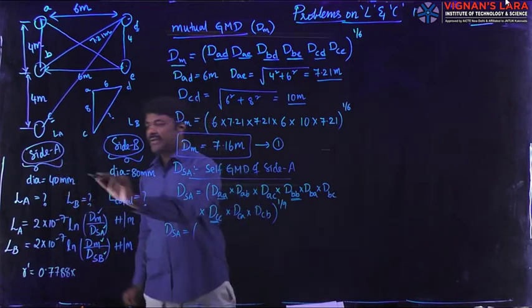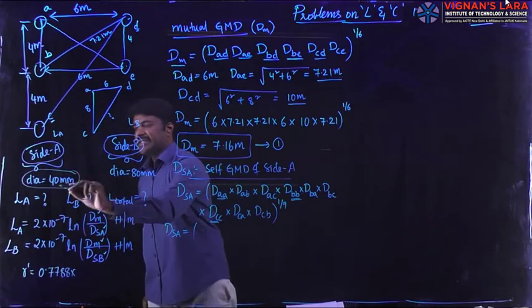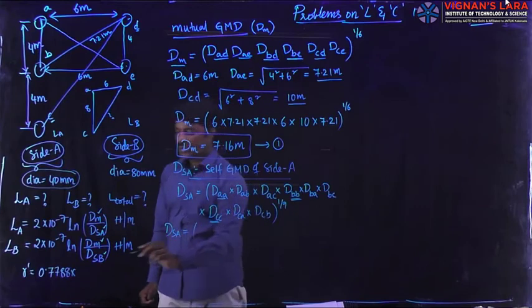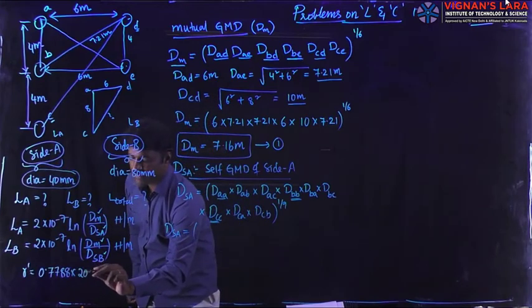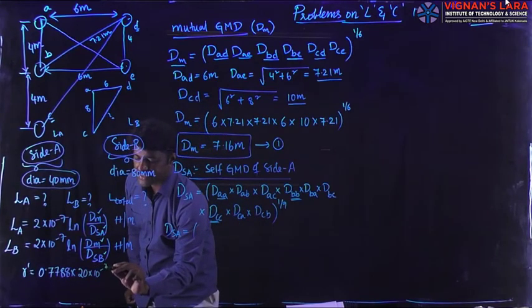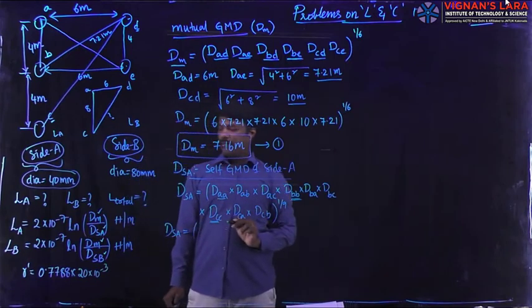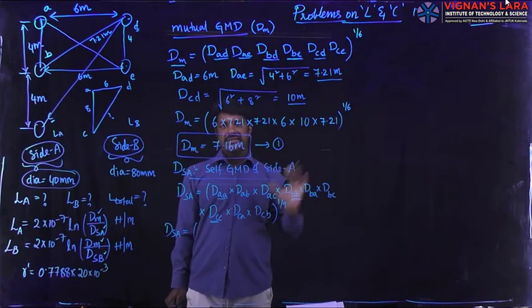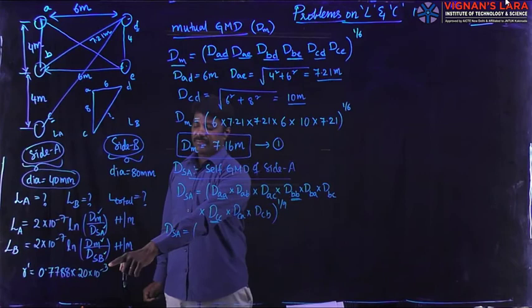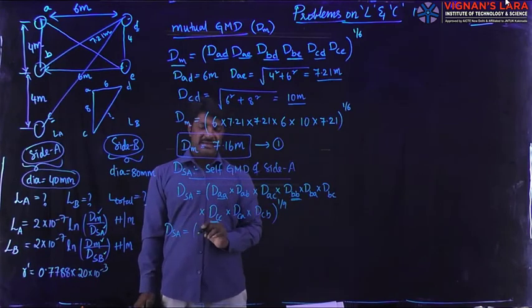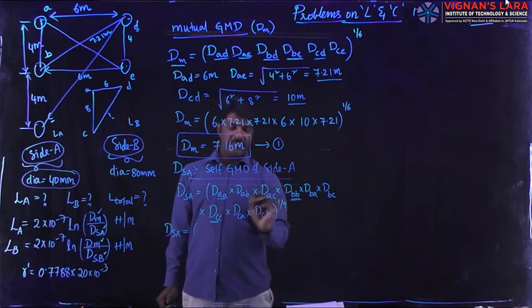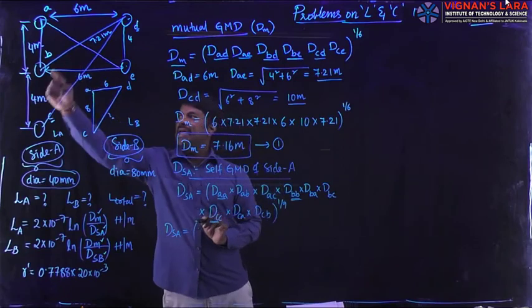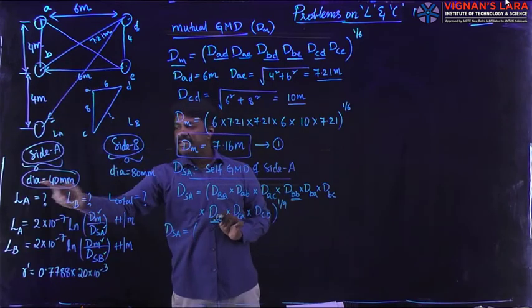Since the diameter of the conductor was given, what is the diameter? 40 mm. So the radius will become 20 mm, 20 into 10 power minus 3. Okay, better to keep all the units in meters. That is why I have converted millimeters to meters there itself. So DAA, DBB, DCC, all these three are similar conductors having the same diameter.